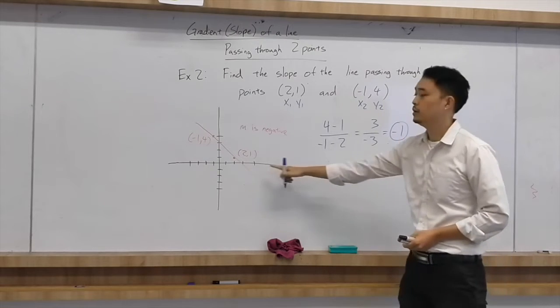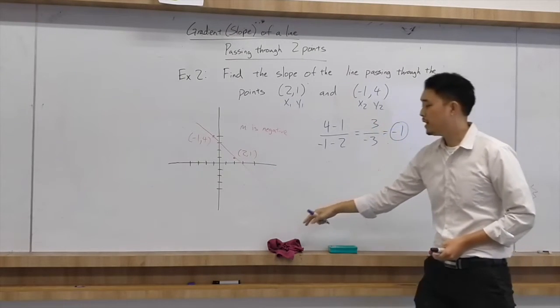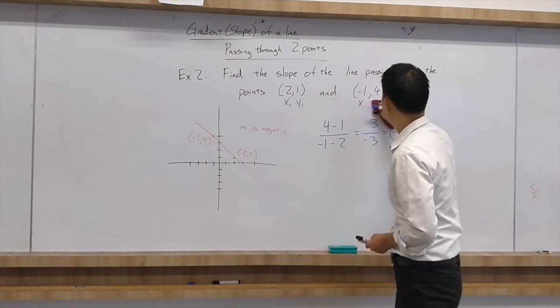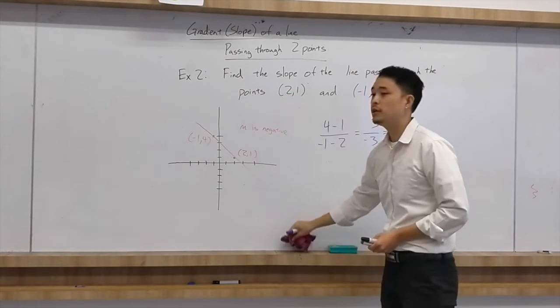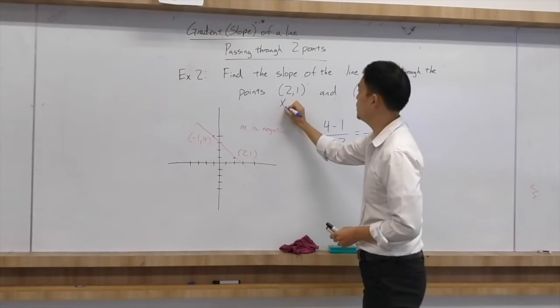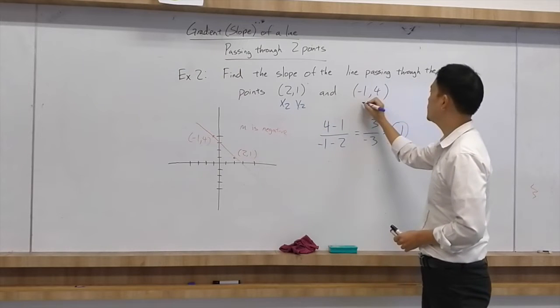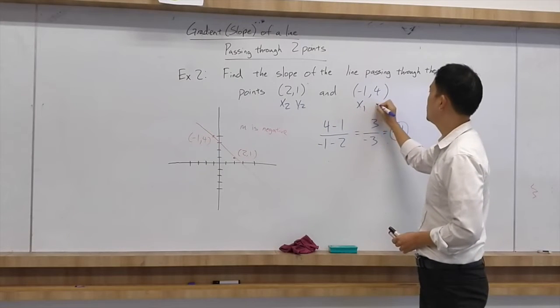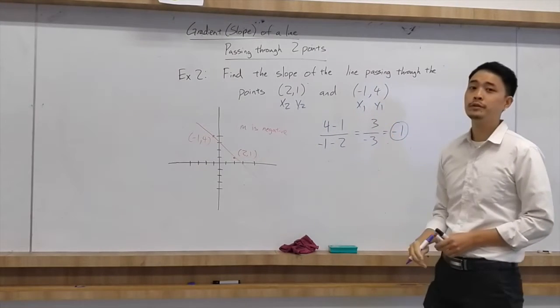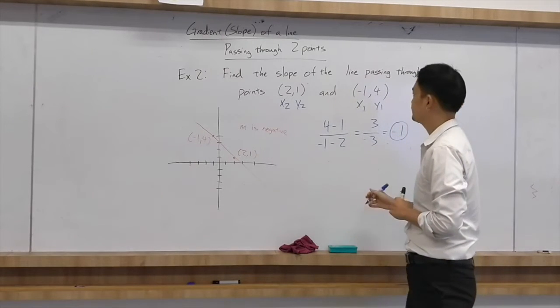Negative slope. Now, the other thing is, it doesn't matter which coordinate we choose to be our 1s and our 2s, as long as we're consistent. So we can say this can be our x2, y2. They both have to be 2s. This one can be our x1, y1. These both have to be 1s. And if we flip the numbers, we'll still get the same slope.